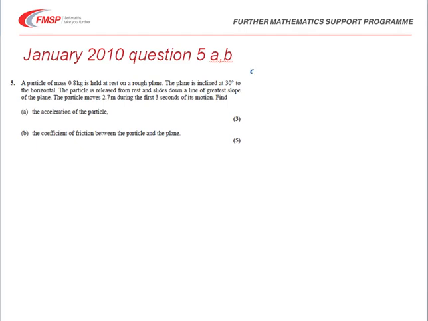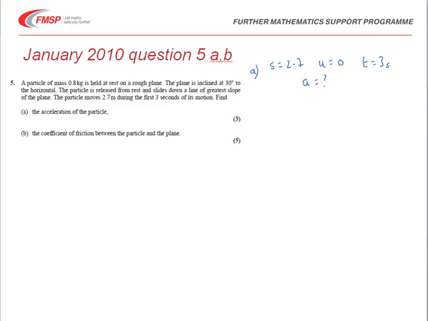Well, the first part of the question actually doesn't involve Newton's laws at all. It's an equations of motion question, so suvat equations, where we're told that s is equal to 2.7. The initial velocity is 0, and we're told that t is equal to 3 seconds, and we need to find a.